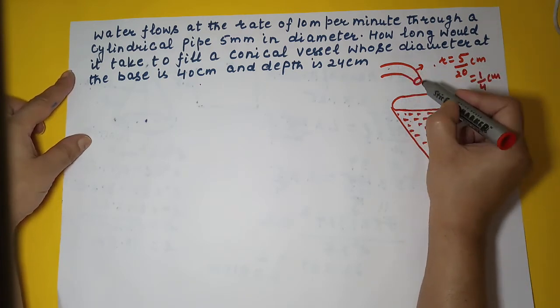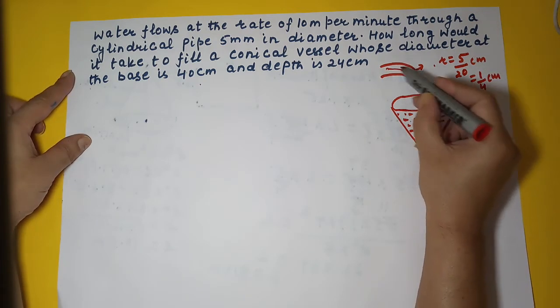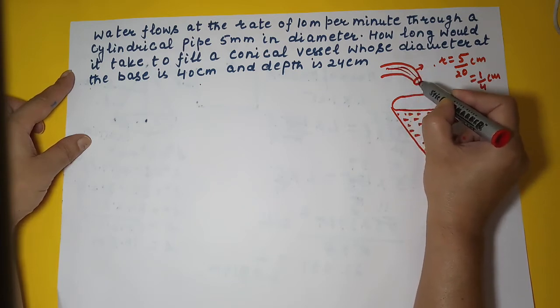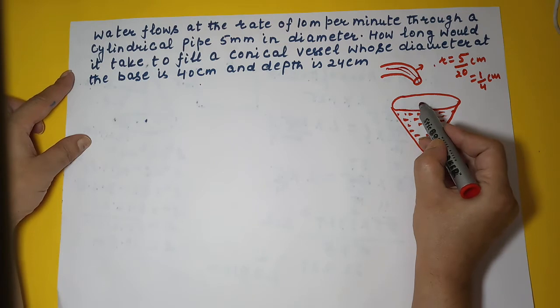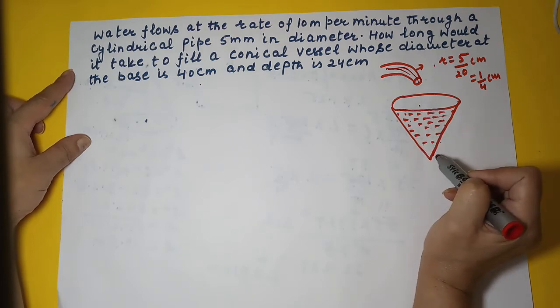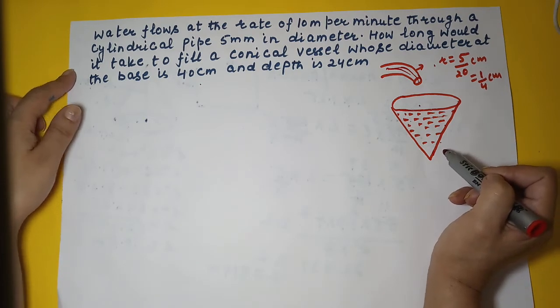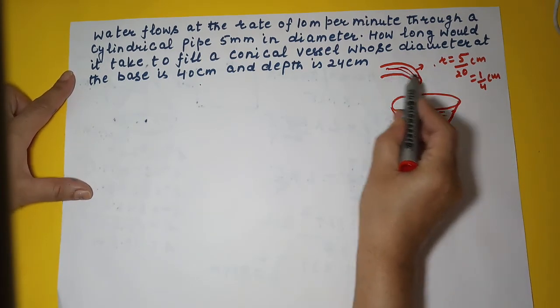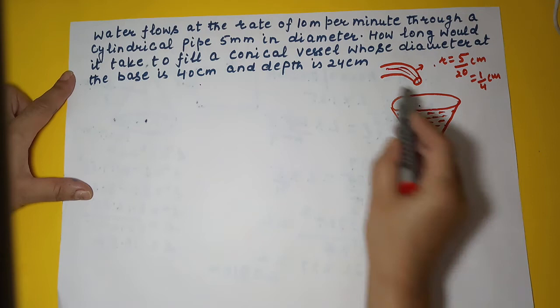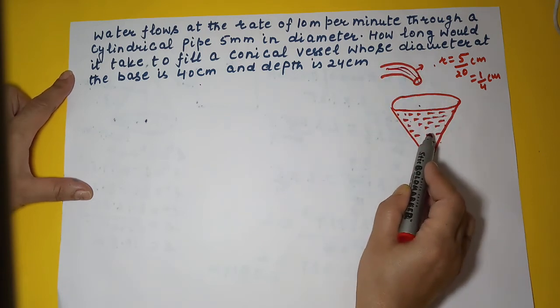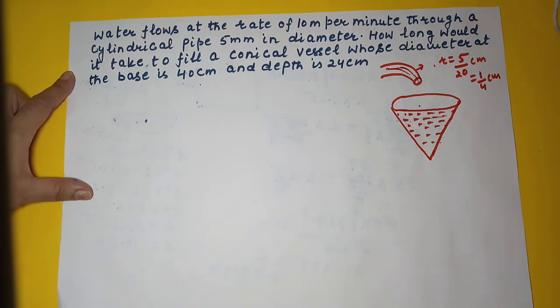Now, through this, the water is coming. Volume of water flowing through this pipe, we have to calculate. That will be equal to the volume of the water in this conical vessel, right? And we have to calculate the time in which this pipe will fill this conical vessel.